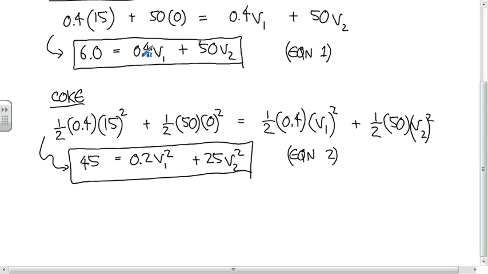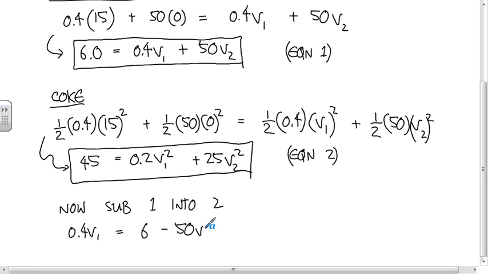So now we're going to substitute 1 into 2. I'm going to rewrite equation 1. Well, let me do it in 2 steps. So 0.4 v1 is equal to 6 minus 50 v2.